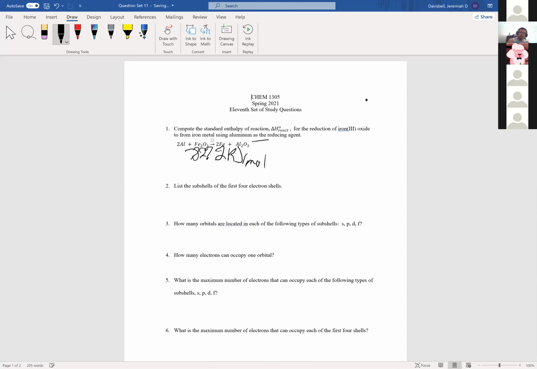And then for aluminum, we'll be using negative 1,669.8 kilojoules per mole. So with these enthalpies given, what would be our standard enthalpy for the reaction?